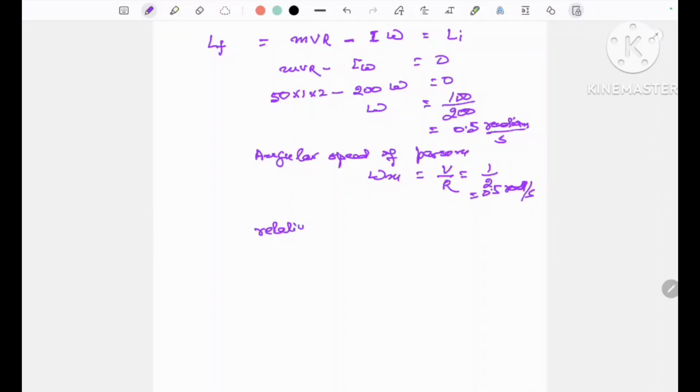Relative angular velocity of the man with respect to the platform: the two omegas are in opposite directions, hence they will add up.